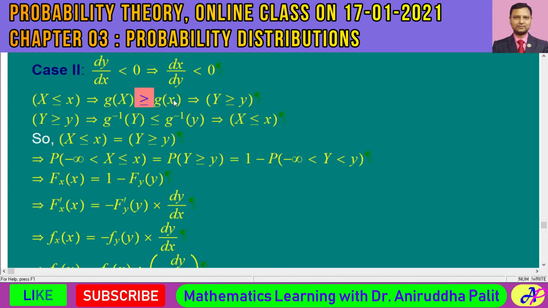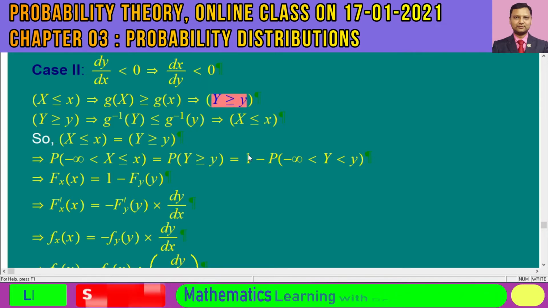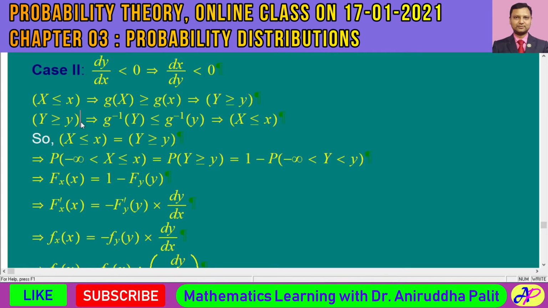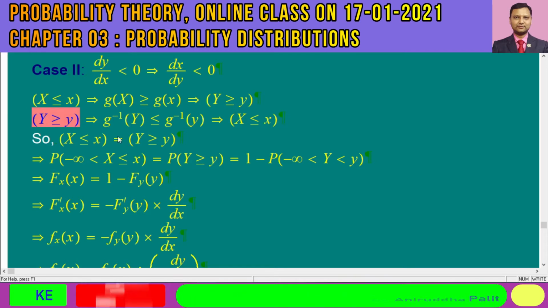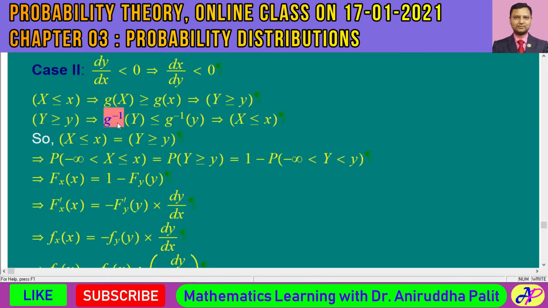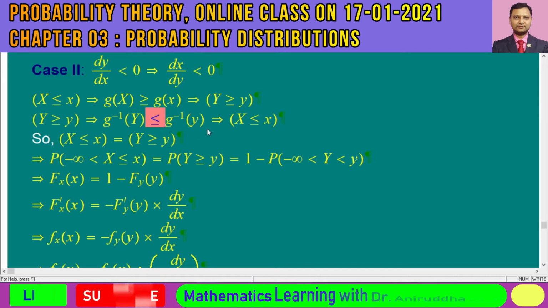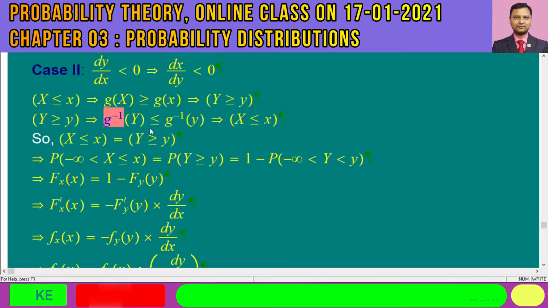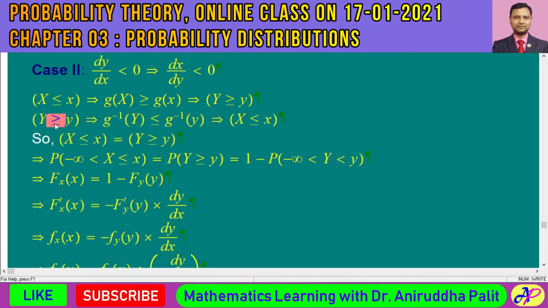Therefore you would have Y greater than or equal to small y. Again, Y greater than or equal to small y implies that g inverse of Y is less than or equal to g inverse of small y. Why? Because g inverse is a strictly monotone decreasing function, so this greater than or equal to symbol becomes less than or equal to.